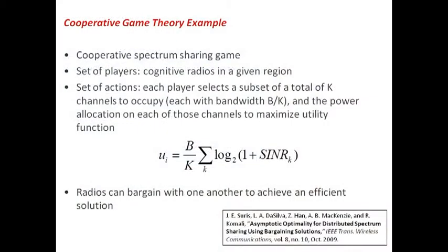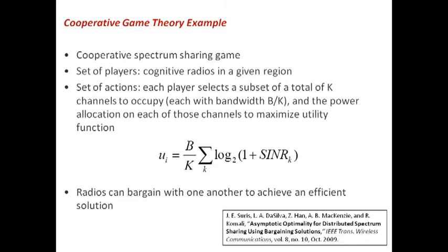Okay, so one of my PhD students, several years ago, looked at the use of cooperative game theory in a very, very similar problem. So also a problem of trying to share the existing resources among autonomous entities, so autonomous radios. And what Juan looked into was the sharing of spectrum.